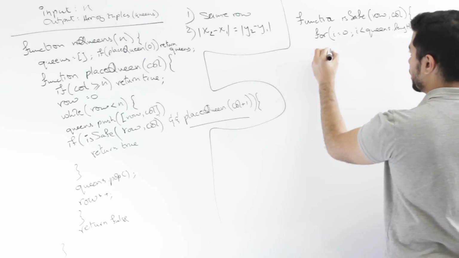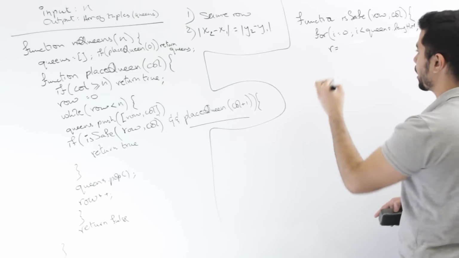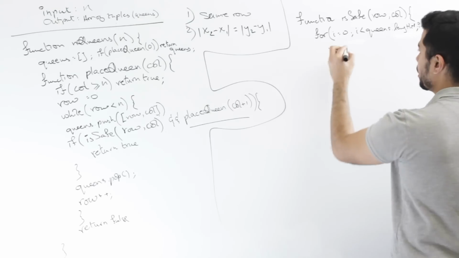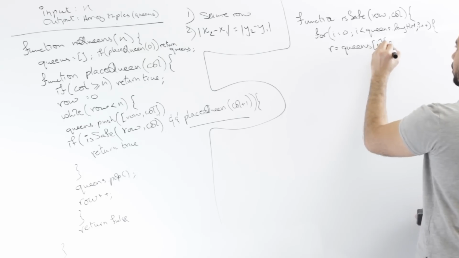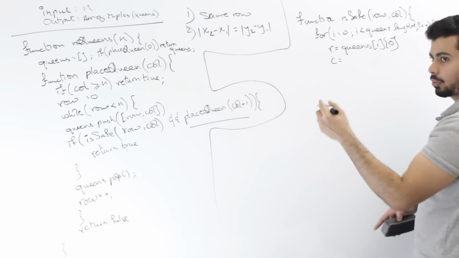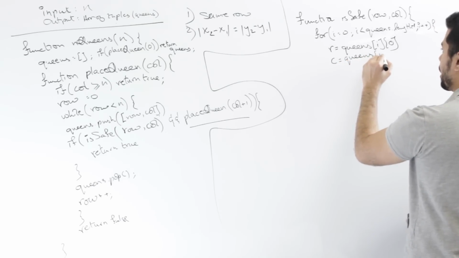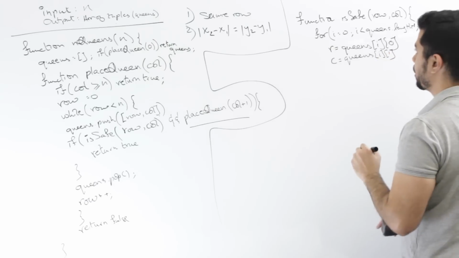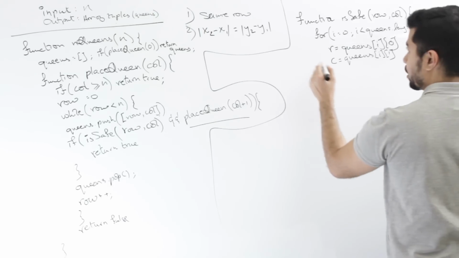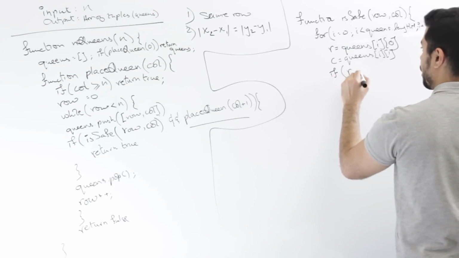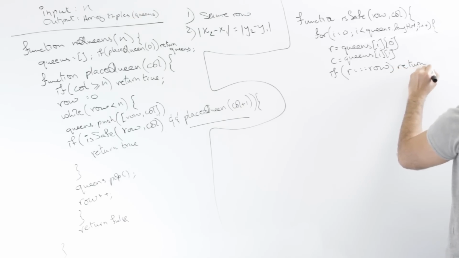So the first thing I do is I say r, as in the current row that I'm looking at, or the row coordinate, is queens[i][0]. And c, as in the column coordinate, is queens[i][1]. Okay, so now I will check the first condition. I'll say if r equals row, return false.